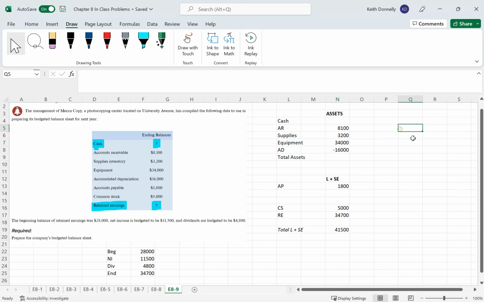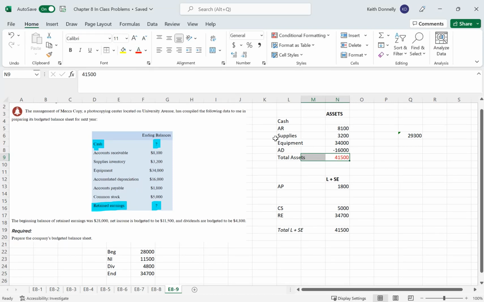Over here, from what we have, we're at $29,300. This has to equal $41,500, so our total assets equal our total liabilities and stockholders' equity.